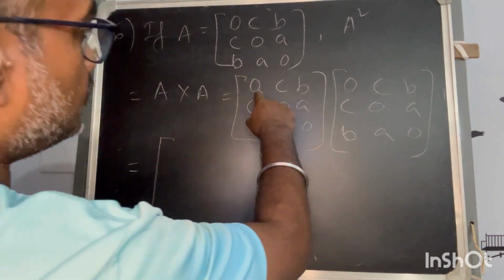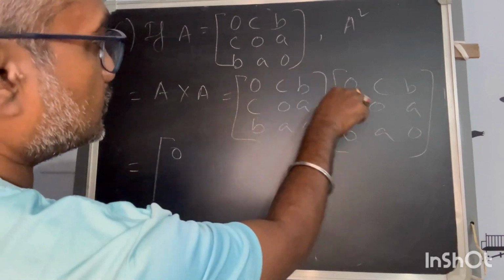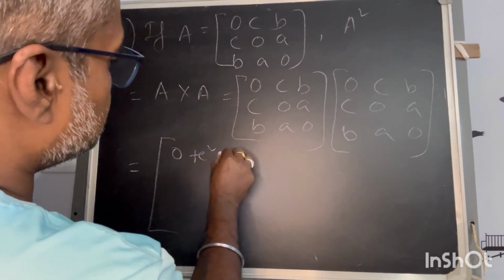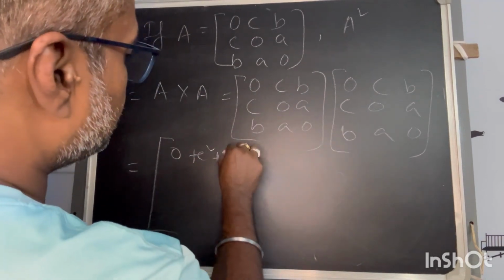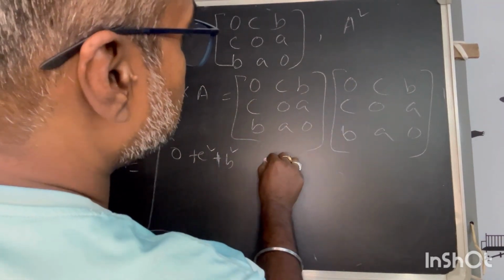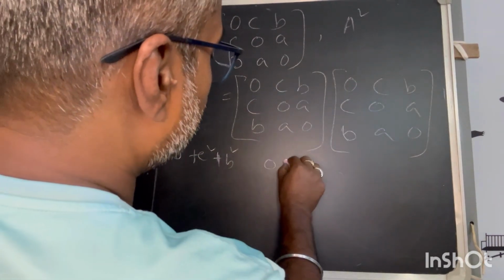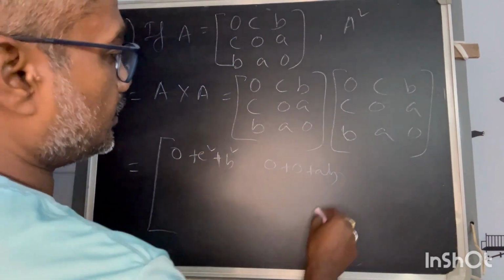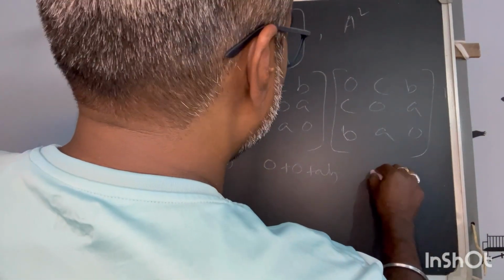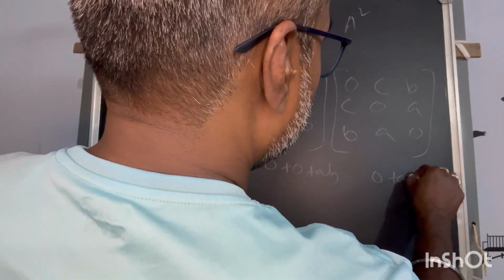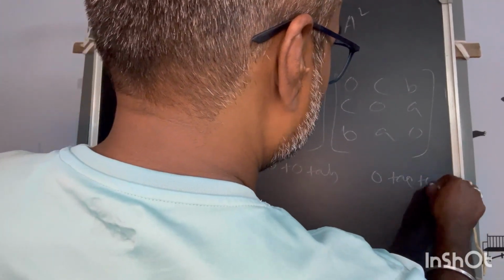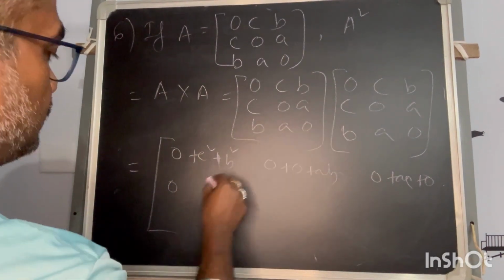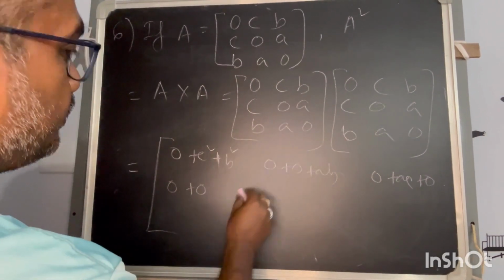A into A, you know the rule. So the first term: 0 into 0 is 0, C square, plus B square. Then 0 C into 0 plus 0 B into A plus AB. Then the third term: 0 into B, C into A, AC, B into 0, 0. Second row: C into 0, 0, 0 into C, 0, A into B, AB.